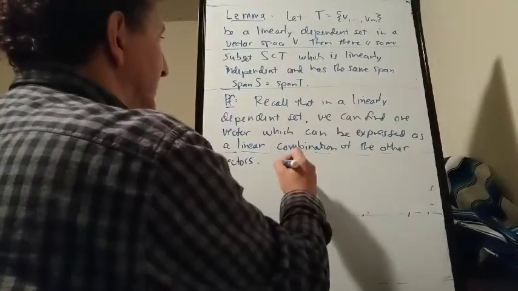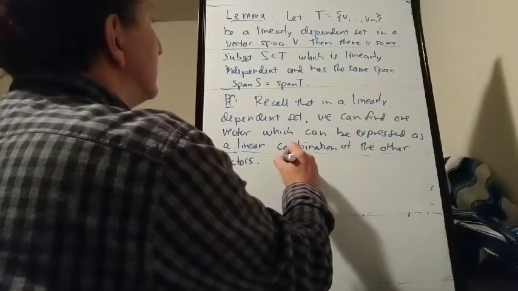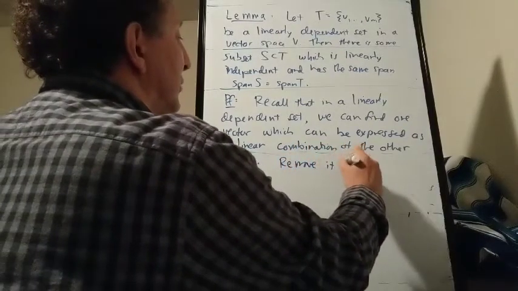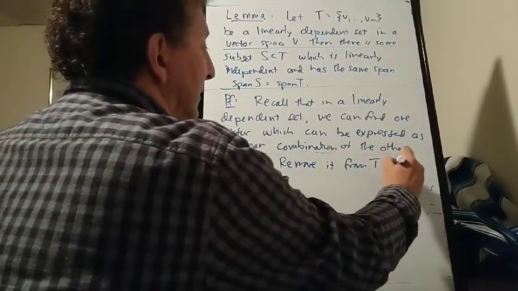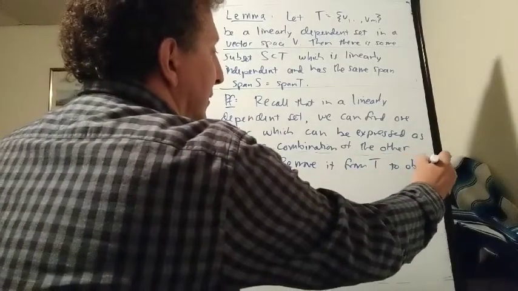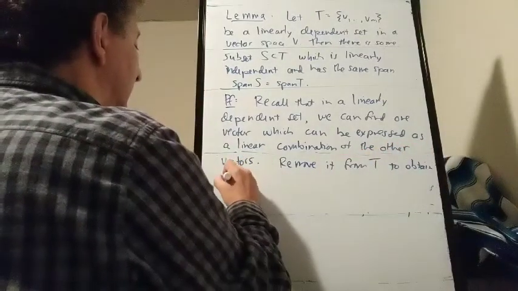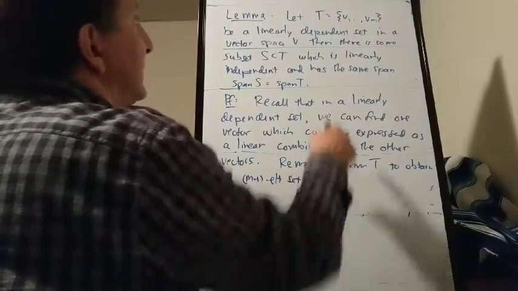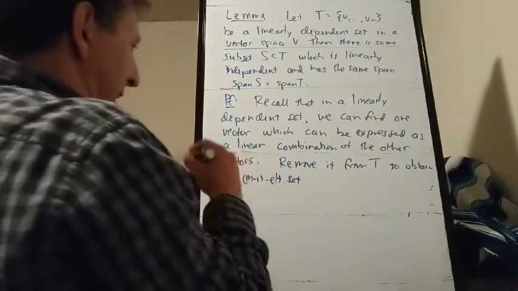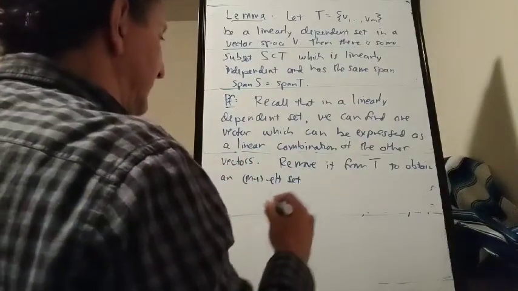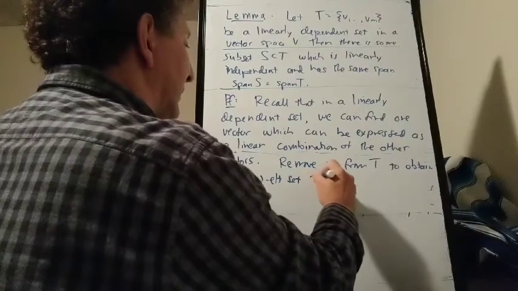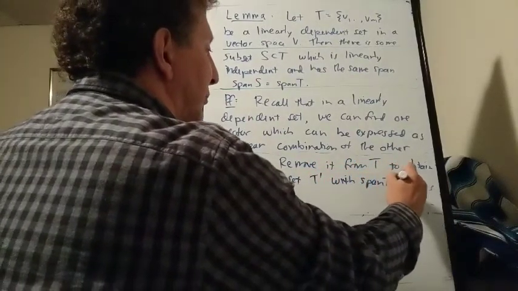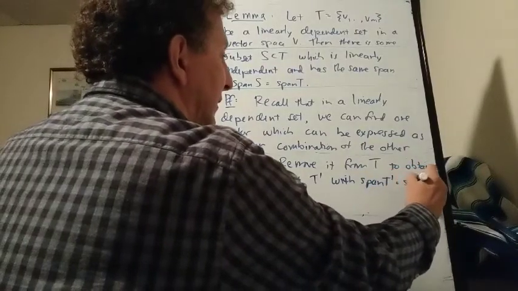So remove it from T to obtain an m-1 element set, because T had m elements. So we'll take it out. We have an m-1 element set. Let's call it T prime, with span of T prime equals span of T.